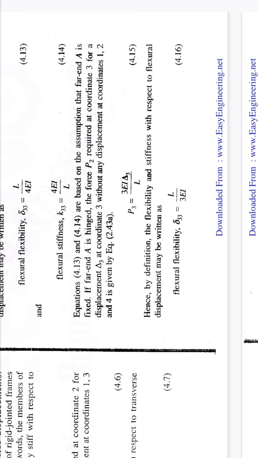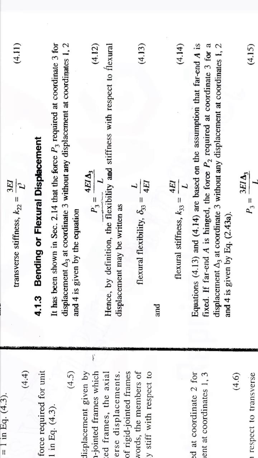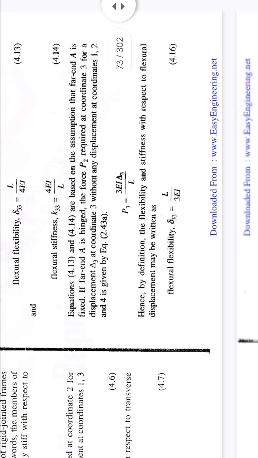If the far ends are hinged, then P3 is 3EI delta 3 by L, whereas delta 33 is L by 3EI, or stiffness K33 is 3EI by L.